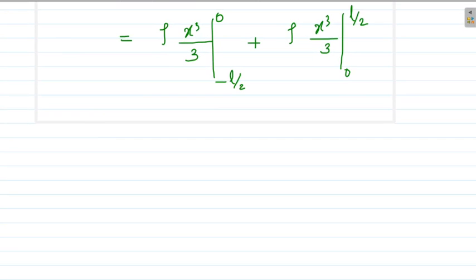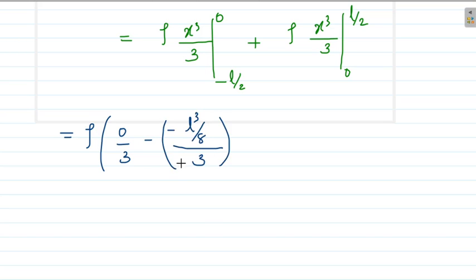Now let us substitute for these values. Rho into 0 by 3 minus minus L cube by 8 divided by 3, plus rho into L cube by 8 divided by 3 minus 0.